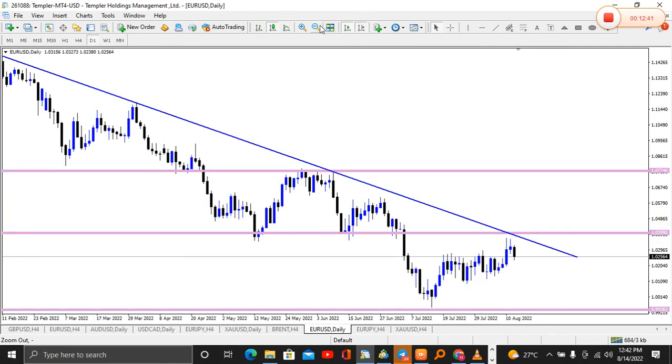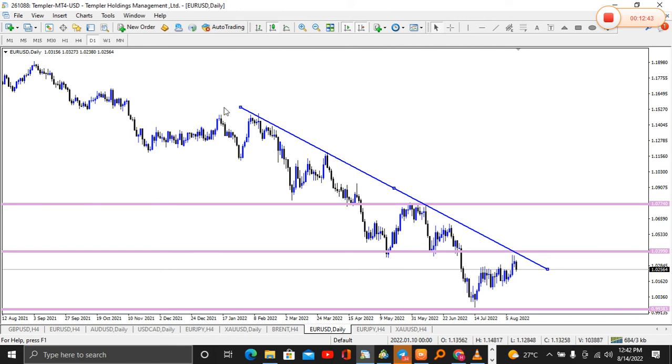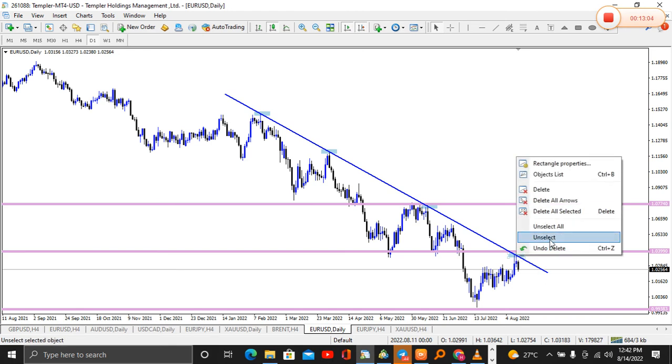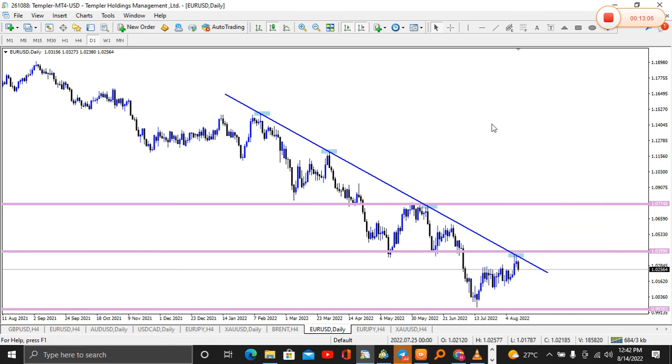Let's head down to our daily time frame. Try to make our trend lines perfect. Now this was our first touch, this was our second touch, our third touch, this is our fourth touch for EUR/USD. Now what do you clearly see?